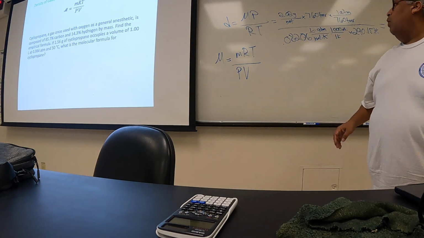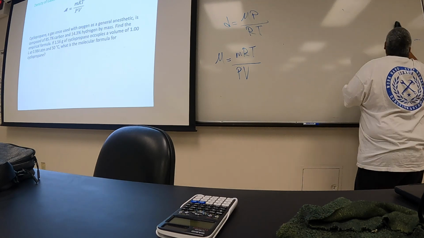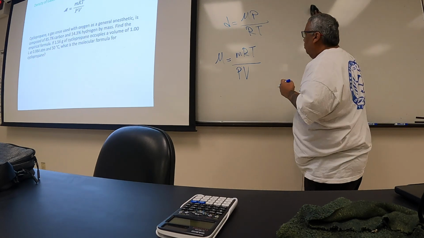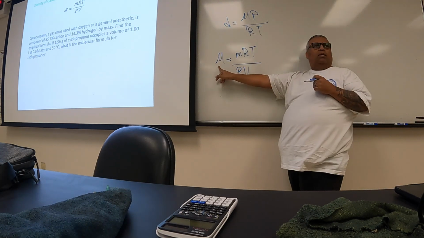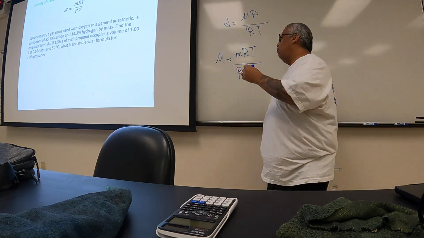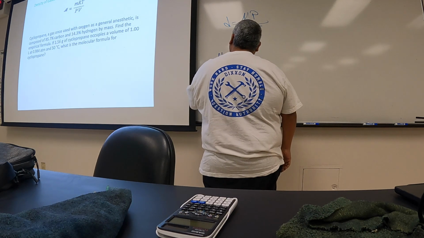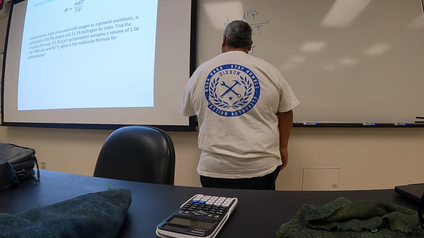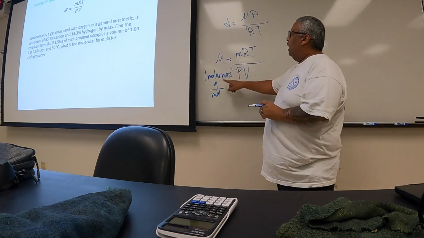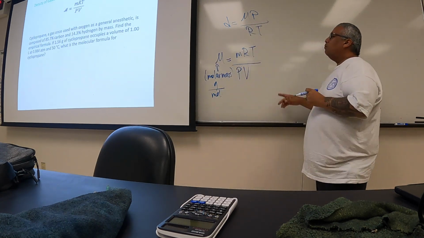So two different formulas. One describes density for us. The other one we can use in order to calculate molar mass. That's what this curved M is: molar mass in grams per mole. All right.